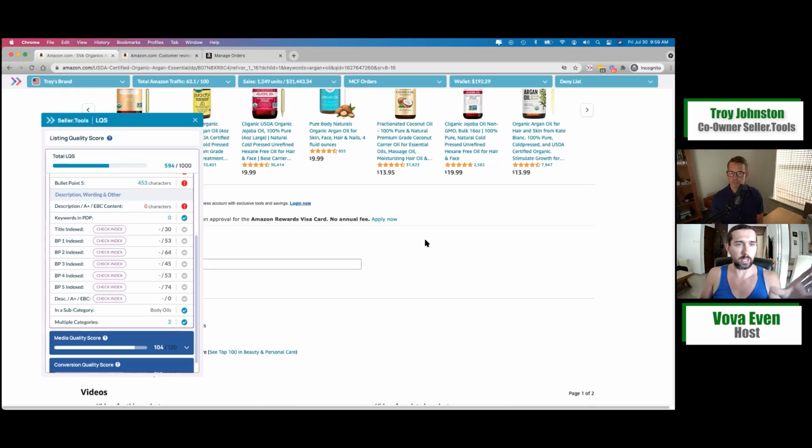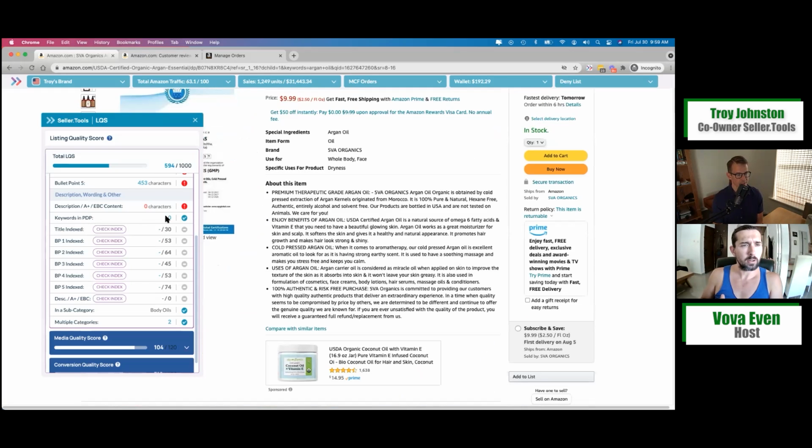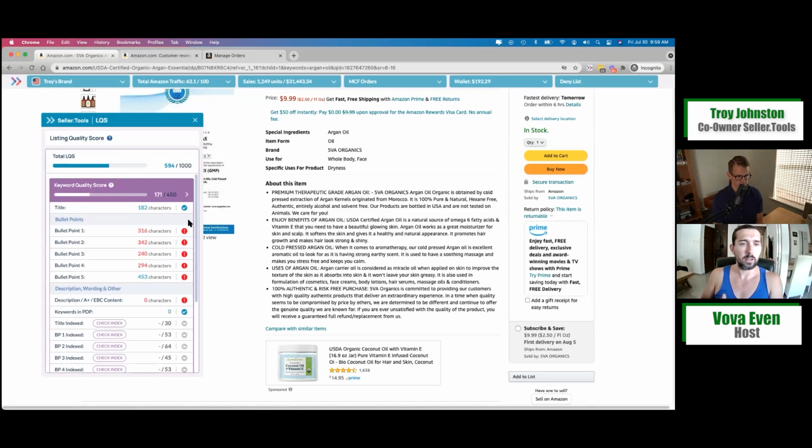So as you mentioned, we have the amount of characters that the Seller.Tools Chrome extension pulls and tells us, hey, we don't have enough here, or we have too much here. All right. And then the next part is keywords in PDP, right? Yes. So on the product detail page. Right.